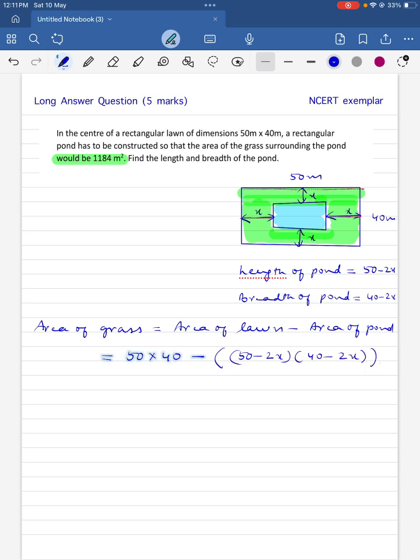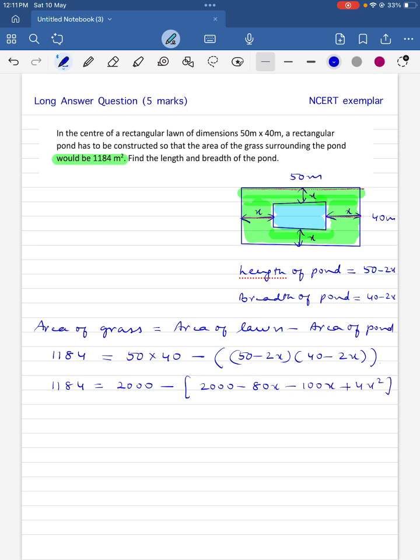And the area of the grass is given in the question as 1184. So I can equate this to 1184. Now let's do the calculation. So 1184 would be equal to 2000 minus, open up the bracket, 2000 minus 80x minus 100x plus 4x squared.